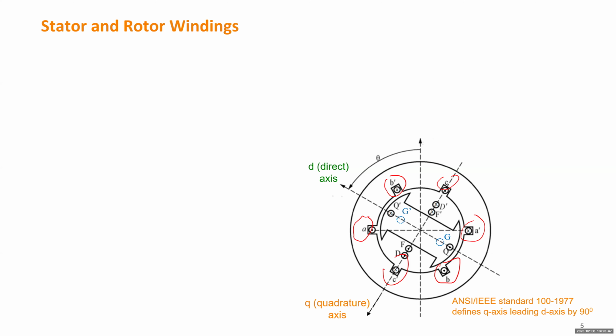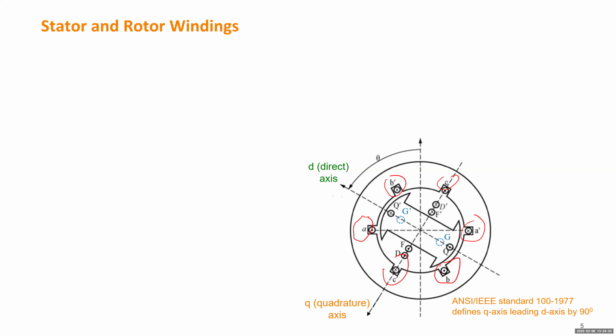On the rotor, I also draw a number of letters and pairs of letters, but they're all capital. That's a convention I adopt in this class. You see there are some letters F, D, Q, and G. I will explain them shortly. Right now I intend to draw the rotor separated from the vertical axis by angle theta.